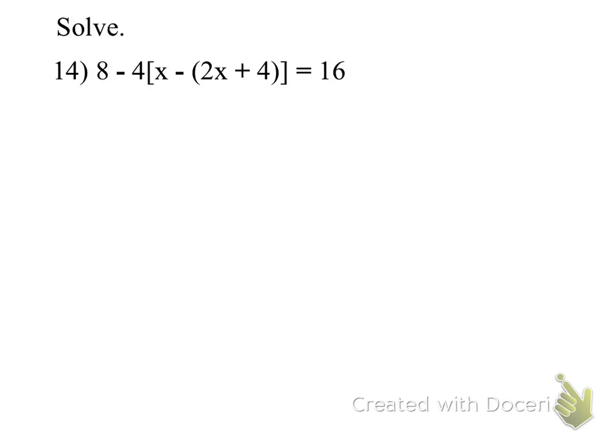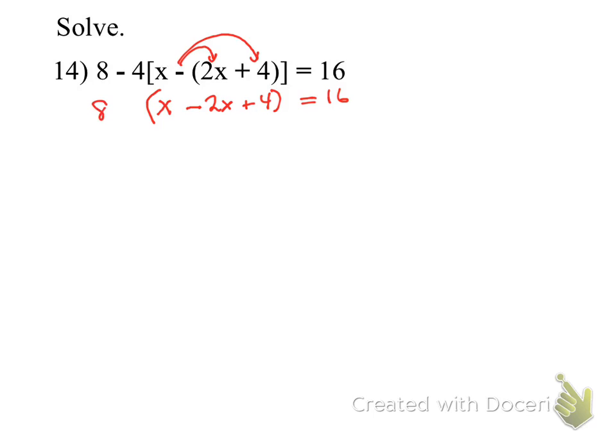So what I did was I distributed the negative to 2x plus 4. Exactly. That becomes x parentheses negative 2x plus 4, and I've still got that x.